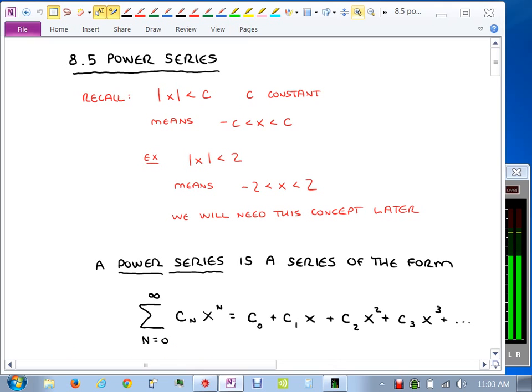If we say the absolute value of x is less than a number c, then what we mean is that x is between negative c and positive c. As an example, if I say the absolute value of x is less than 2, that means x must be less than 2, but at the same time greater than negative 2. And we're going to need this pretty much the rest of the day.